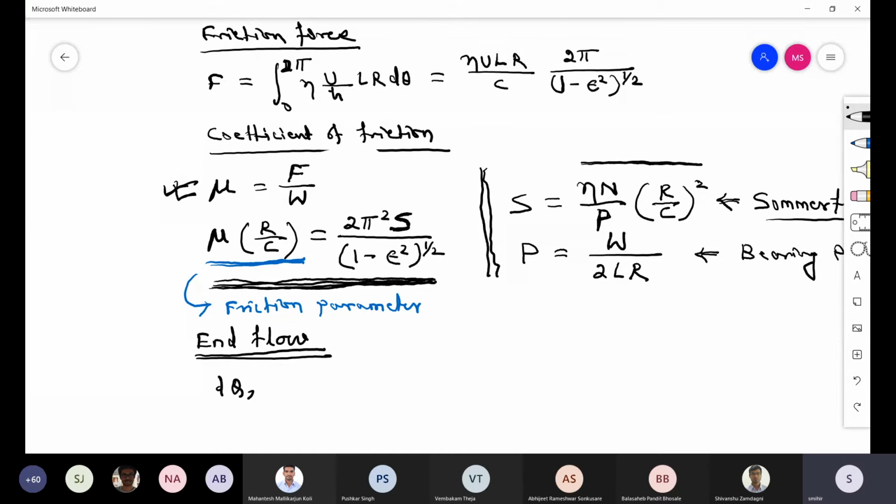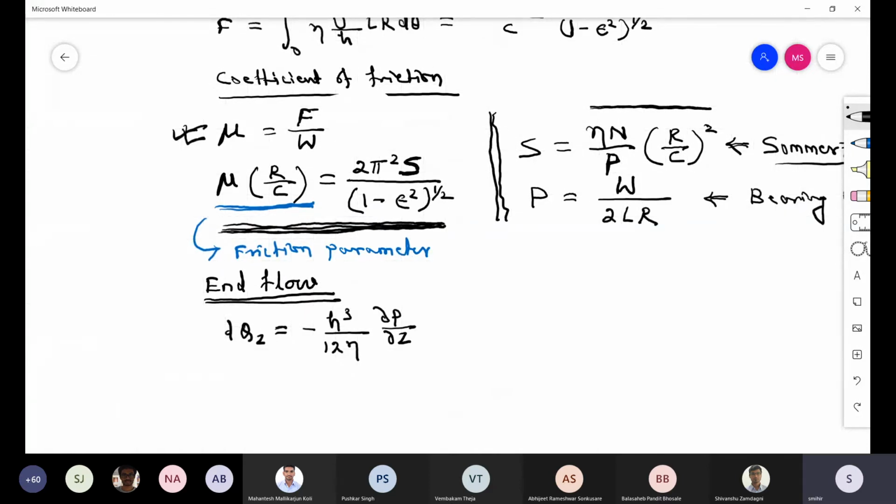So let us see this. We derived, while deriving the generalized Reynolds equation, this end flow is minus h cubed divided by 12 eta del P upon del Z. Okay, this is the flow at any section in the Z direction.